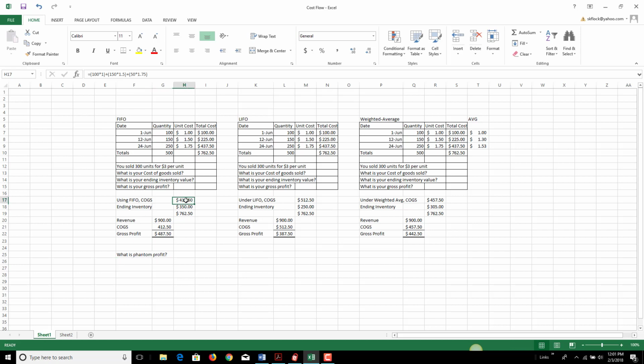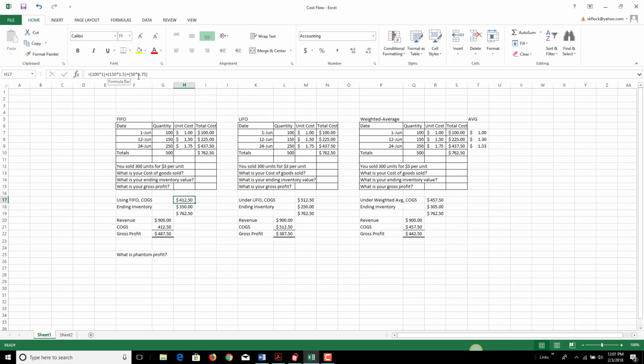Well, if you're using FIFO, remember that's first in, first out. We are going to assume that the 300 units we sold consist of the oldest units first. So we're going to say we sold all 100 of these units that cost us $1. We sold all 150 of these units that cost us $1.50. And then the last 50 units we sold were in this $1.75 category.